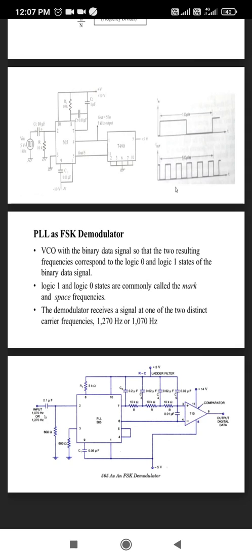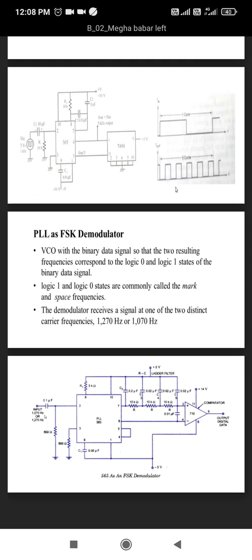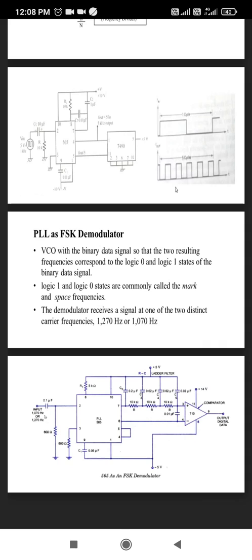So here, according to the amplitude of the message signal, the frequency of the carrier signal is getting changed. Am I correct? So the message signal should be digital or analog? The message signal is the switching signal, whether it is digital or analog in FSK.